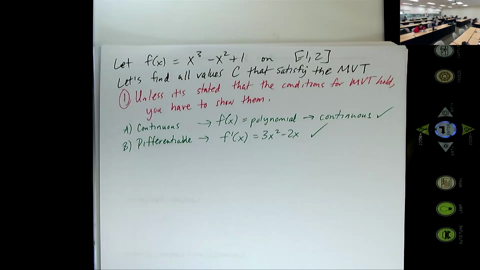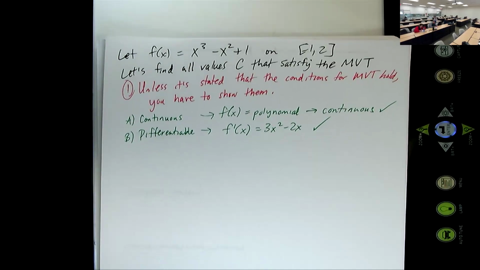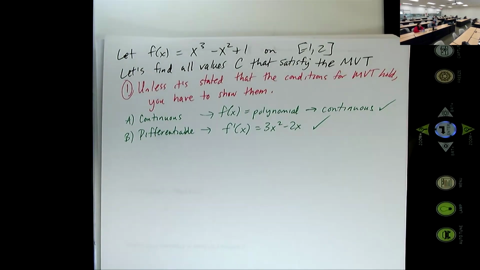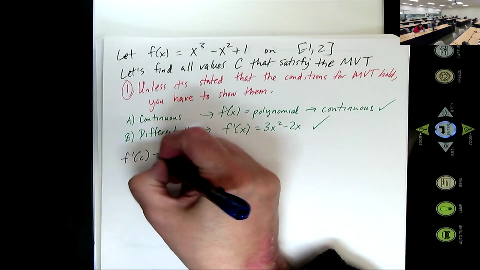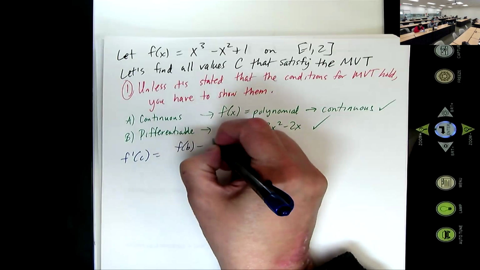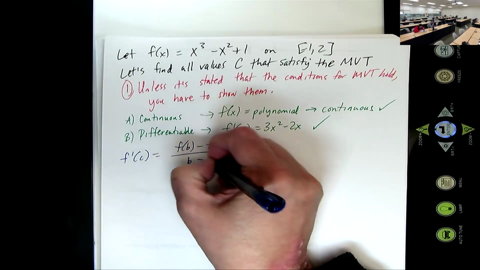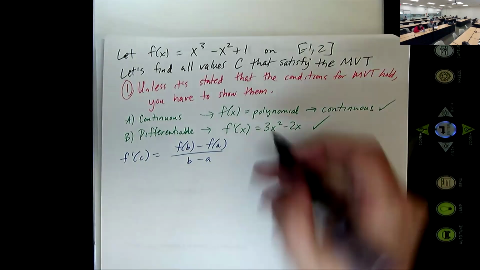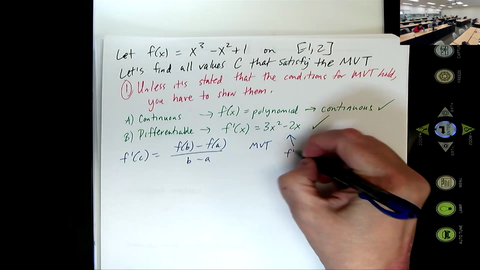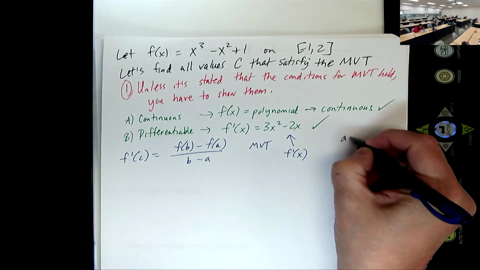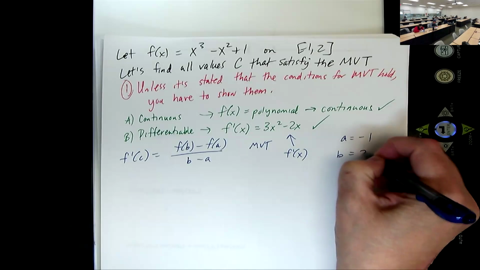Rolle's theorem had f of a equal to f of b equals 0, but this one does not. So we're going to do f prime of c, this is our mean value theorem, we just have to plug in. That's our derivative, that's f prime of x. A is our left endpoint and B is our right endpoint.